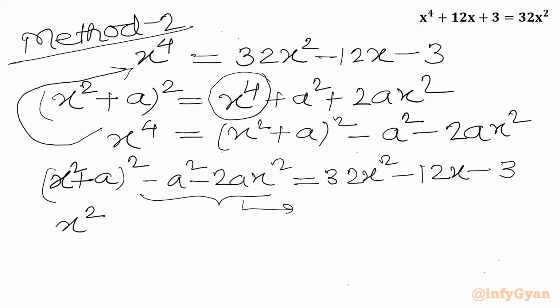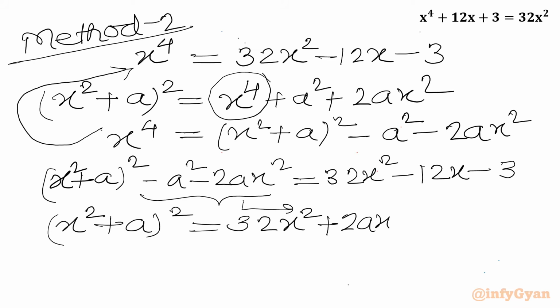So (x^2 + a)^2 will be equal to 32x^2 + 2ax^2 + a^2 - 3, and then we will write -12x.